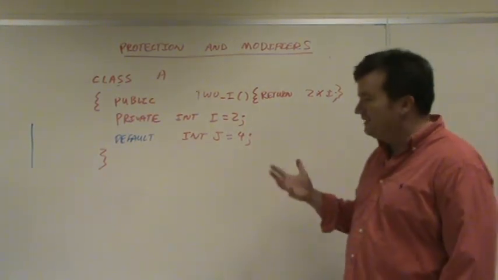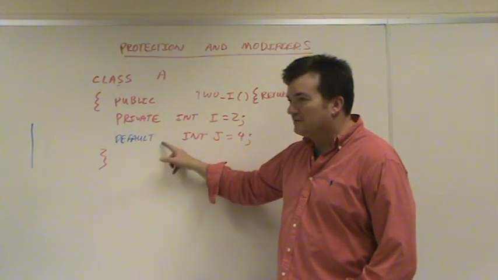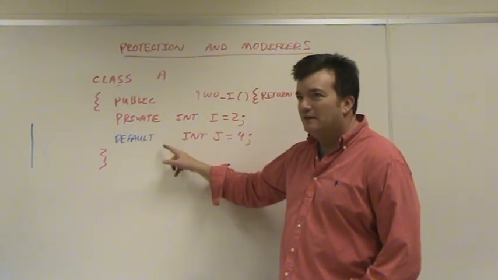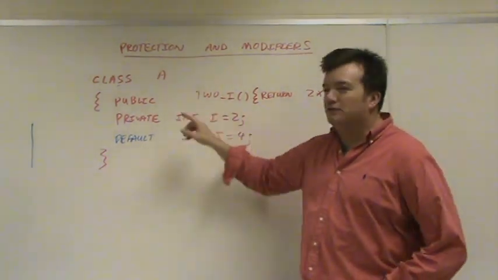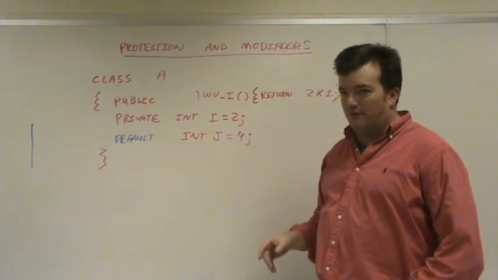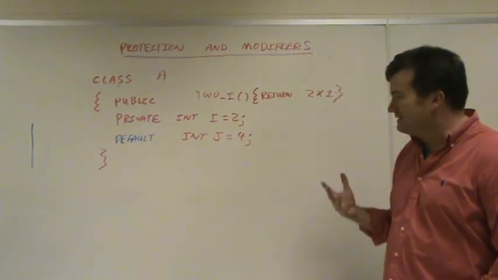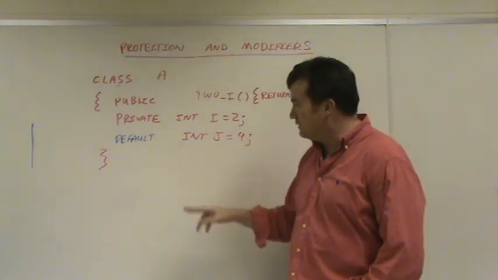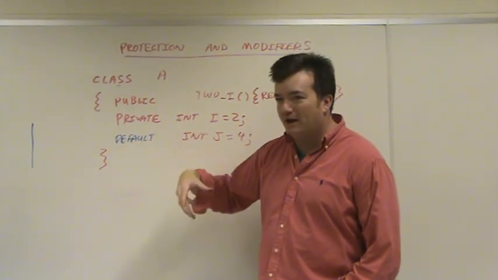So you could think of this a few ways. You could think of it as public to the package. Public is public to the whole world, even classes outside of your package. There are a couple of rules of thumb, and since there are a few, everyone gets confused. One, you could think of it as public to the package.